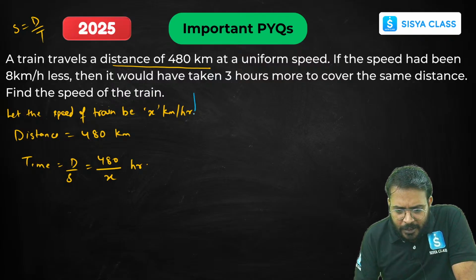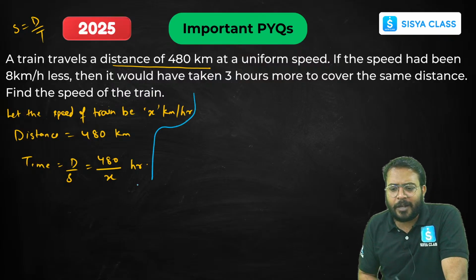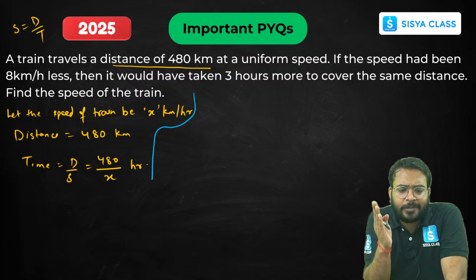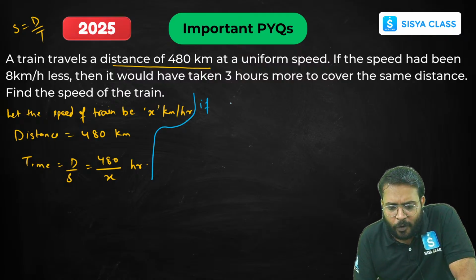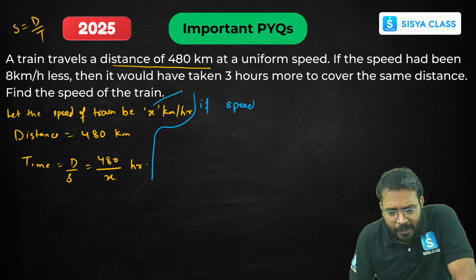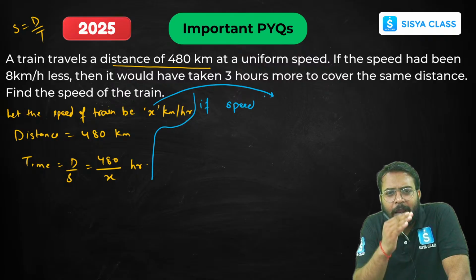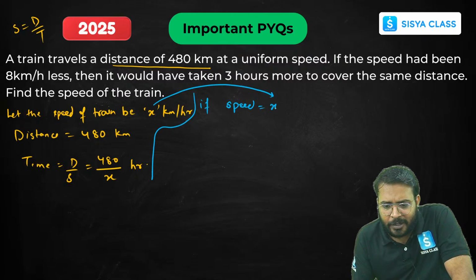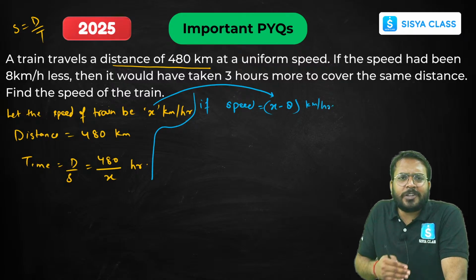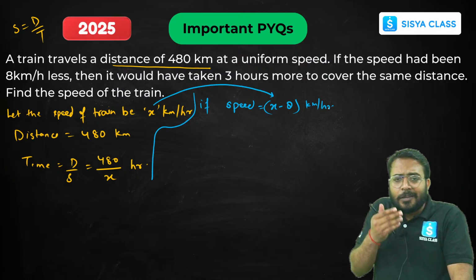Now, in the second statement, what are they given? They are given that the speed is 8 km per hour less. Initially it was x km per hour, now it is 8 km per hour less. That means the speed is x minus 8 km per hour. If the speed is this, then it is going to take 3 hours more.